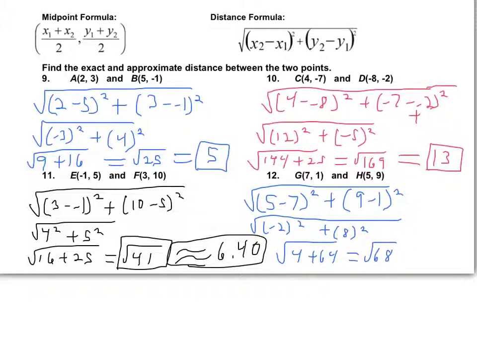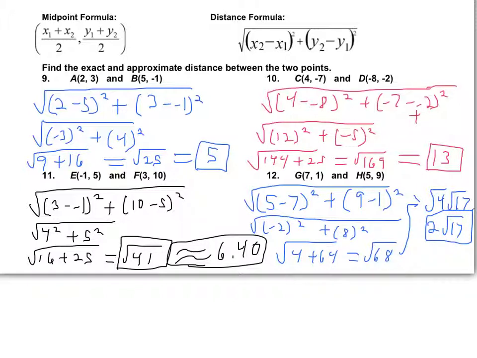Alright, now, that doesn't come out evenly, but it can be simplified. If you divide 68 by 4, it comes out evenly. Let me bring this up here. So I can split this into square root of 4, square root of 17. That's something you did last year, you should remember. So my exact answer is going to be 2 radical 17.